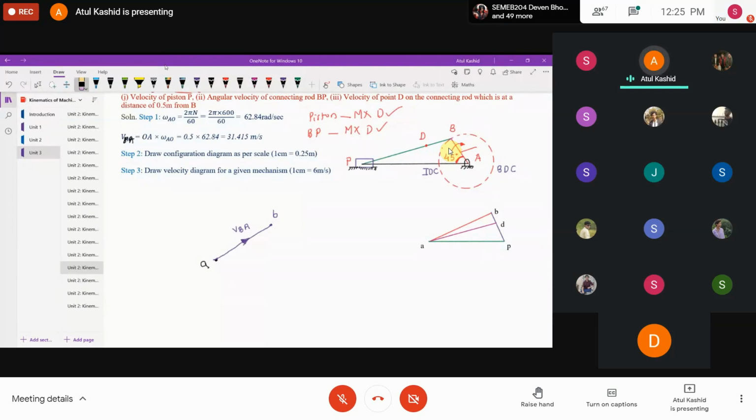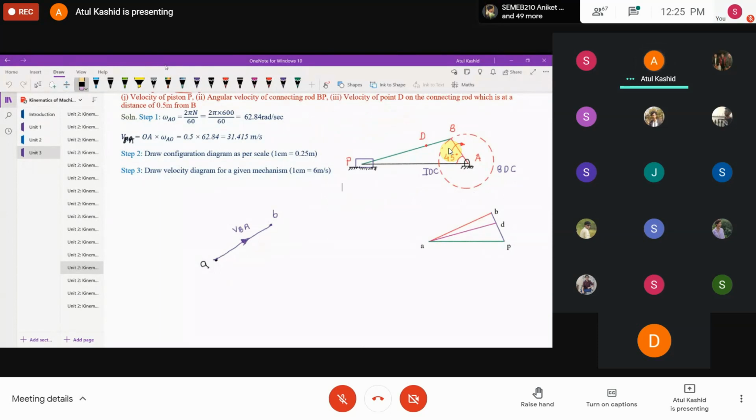The linear motion is there, so direction will be horizontal. Any body moving on a straight path will have velocity parallel to its motion. So that thing we know. So we know now the direction for the piston and the link BP.